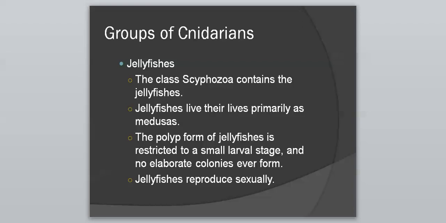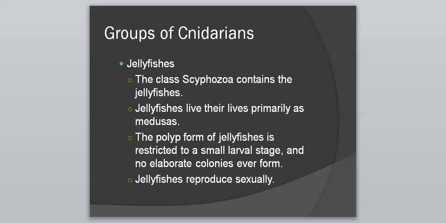The polyp form of a jellyfish is restricted to a small larval stage, and no elaborate colonies ever form. The other two classes will form some colonies, and jellyfishes reproduce only sexually.